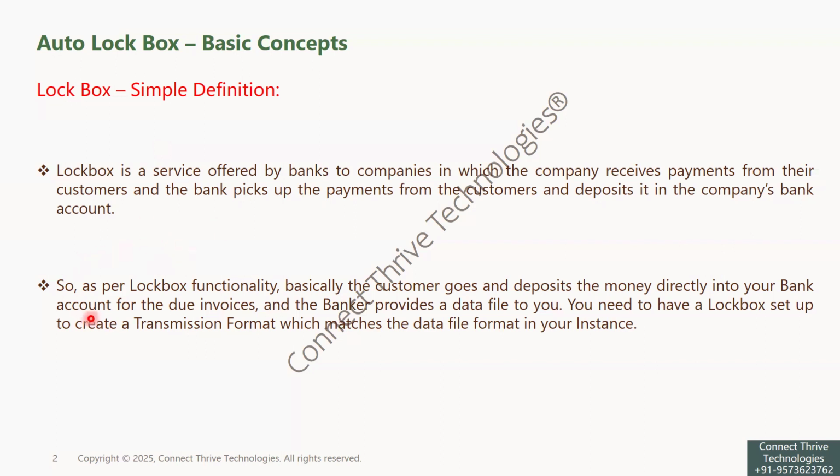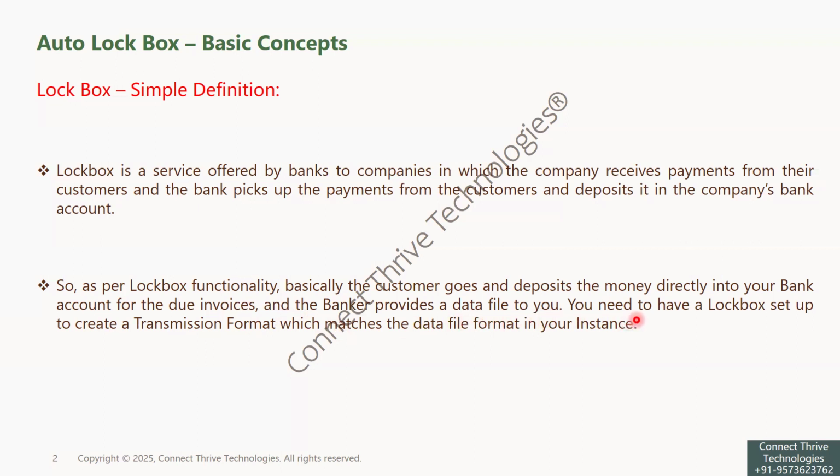As per the lockbox functionality, the customers deposit the money directly into your bank account for the due invoices. Whenever you make a sale from the organization's point of view, the customer deposits the sales invoice amount into our respective bank account. The banker will provide a data file to you.